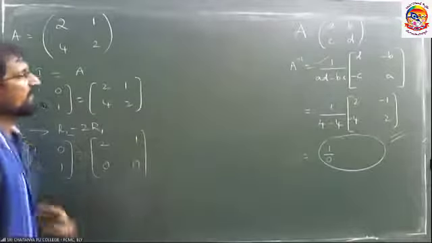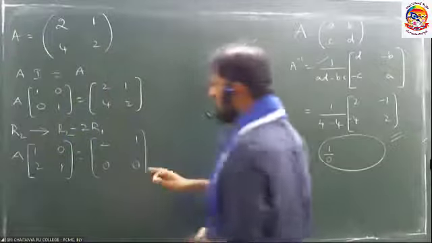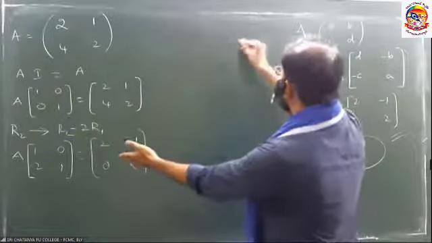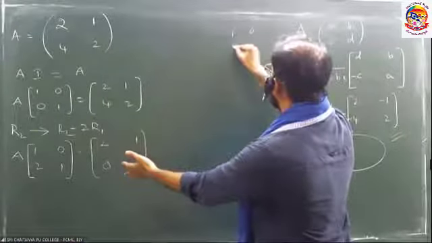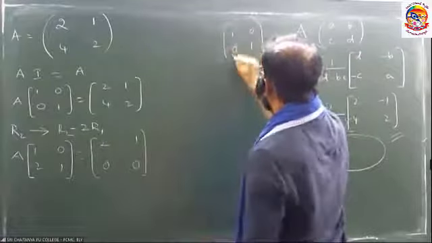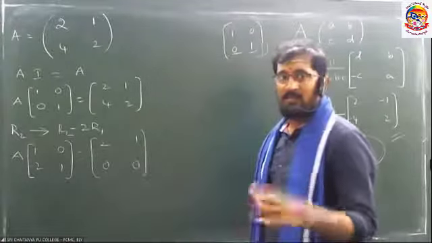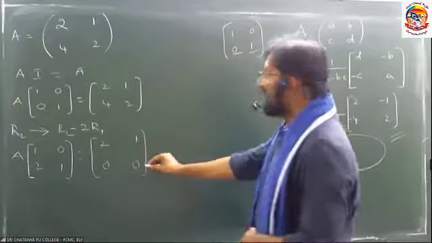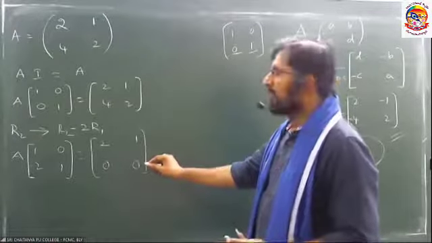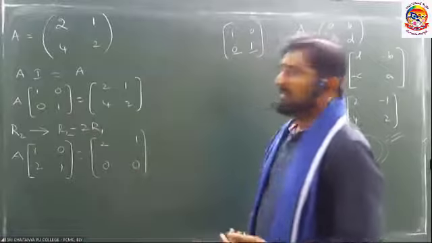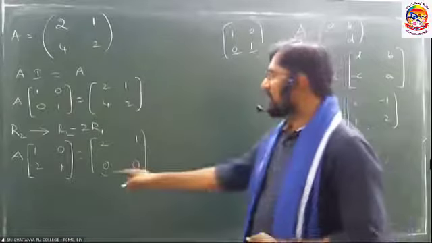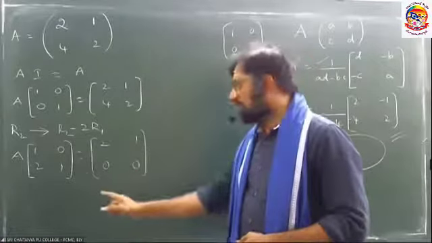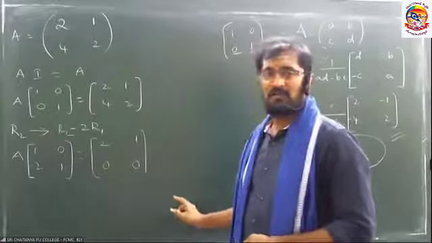Now, what is our aim? Our aim is to get the left side as [[1, 0], [0, 1]]. Already you got 2 zeros in the last row, so there is no possibility of getting 1 there. Am I right? Therefore, you can write directly that the entire row is 0, so the inverse does not exist, right?